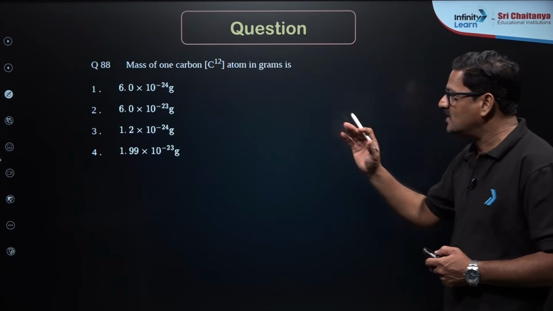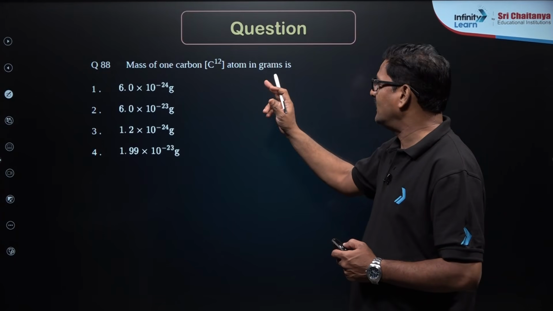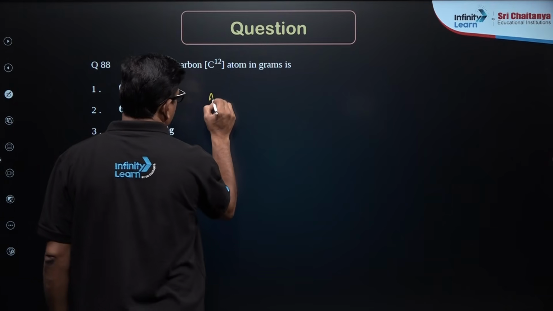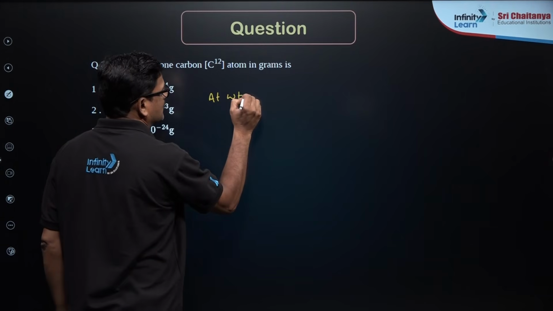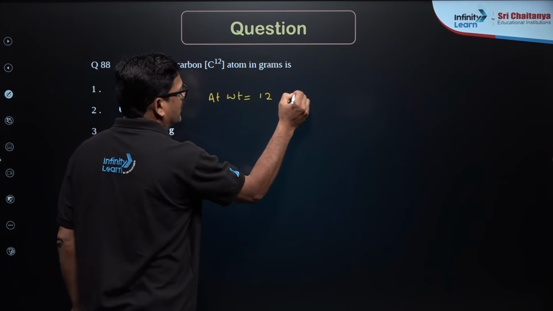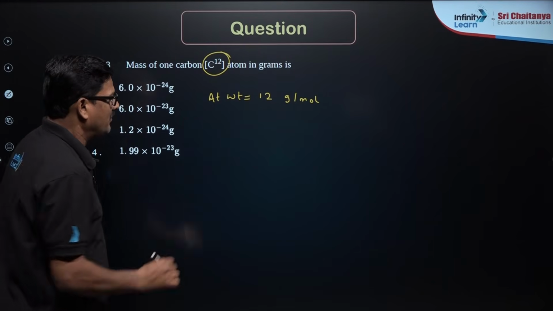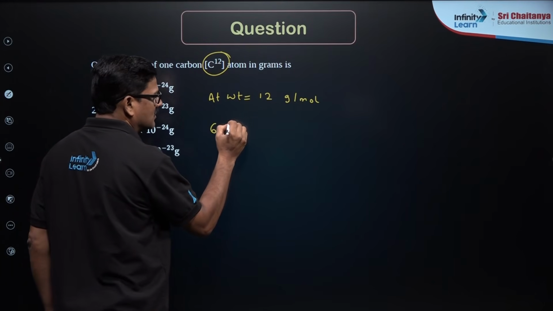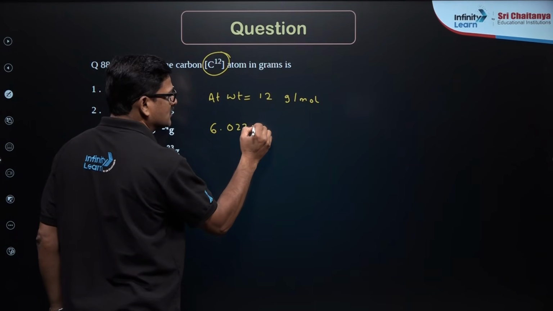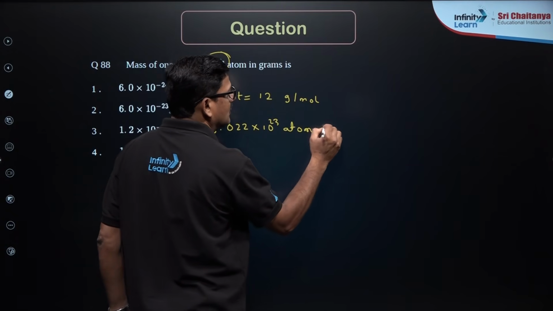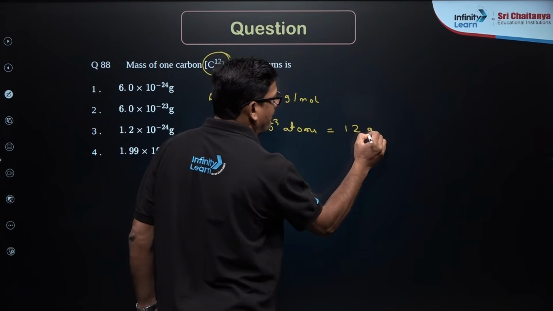Students, here it is: the mass of one carbon atom in grams. So, atomic mass is equal to 12 gram per mole, that is for carbon 12. I mean to say 6.022 into 10 raised 23 atoms is equal to 12 grams.